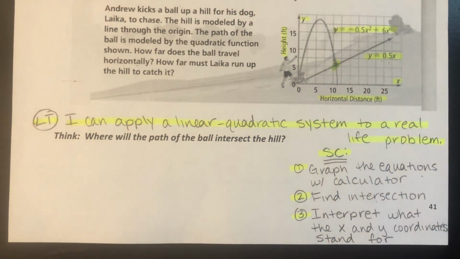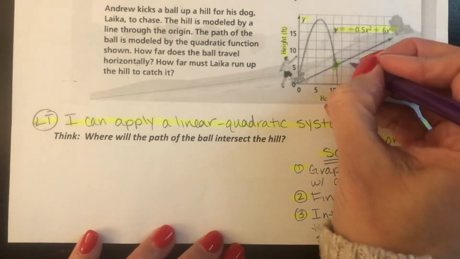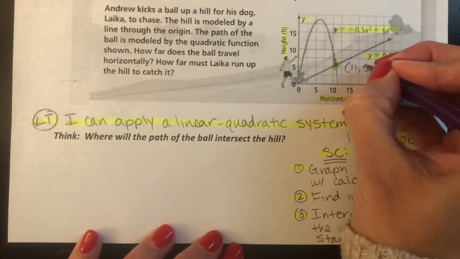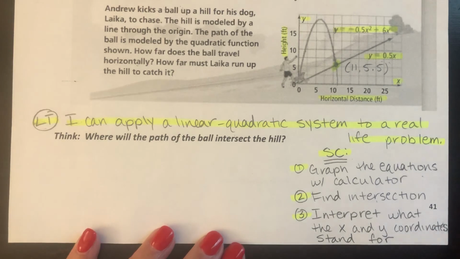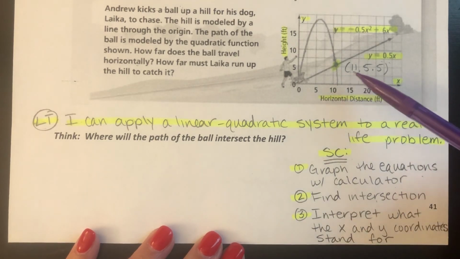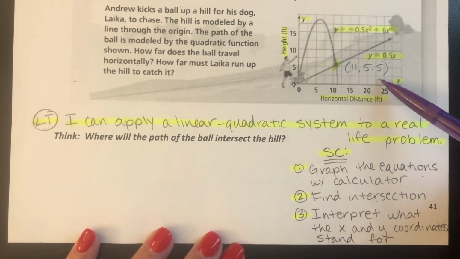You should get the point 11, 5.5. So that was step 2. We found the intersection. The intersection is at the point 11, 5.5.